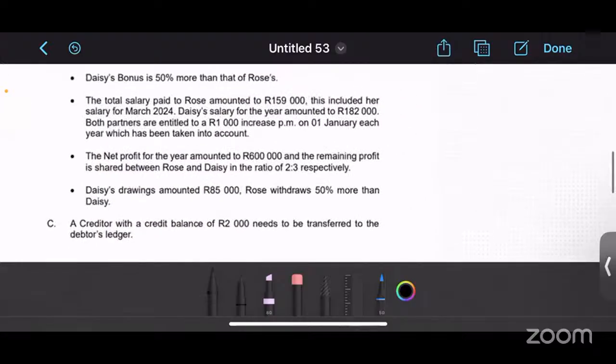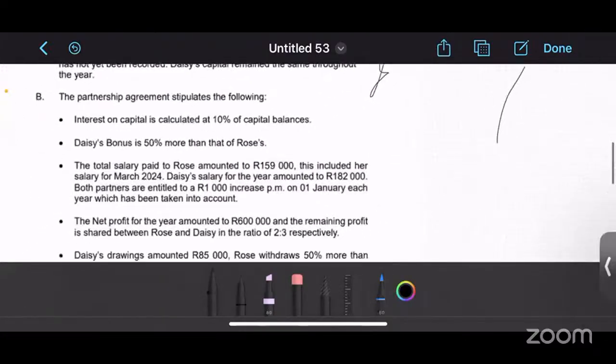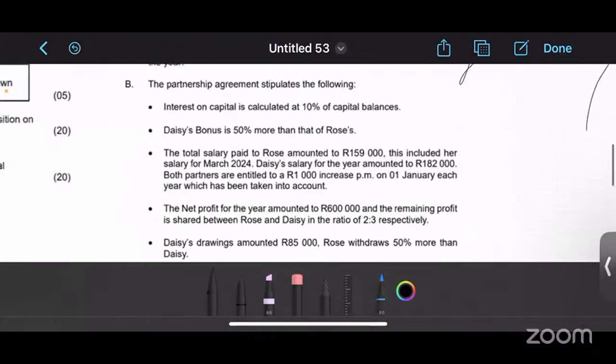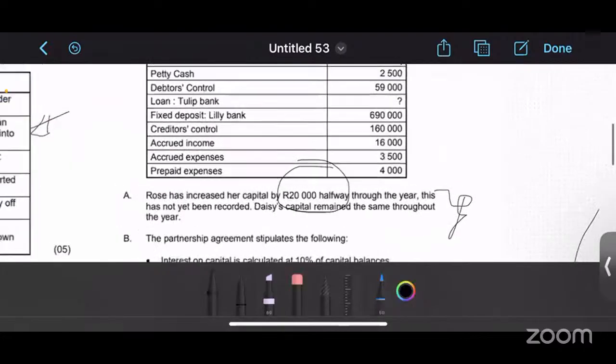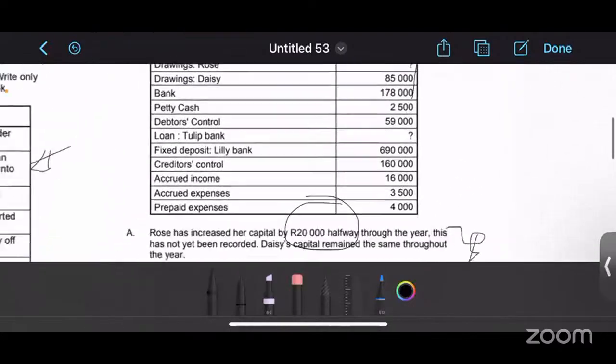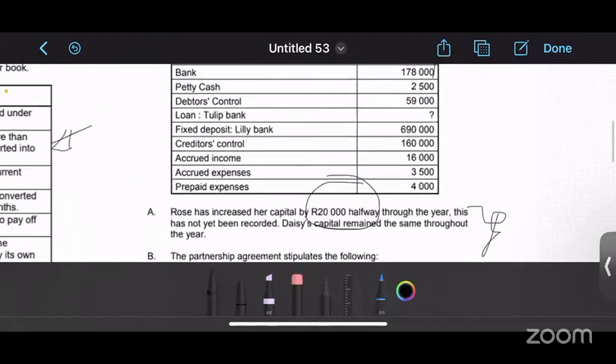Okay, so for Rose, remember the 20,000 that you're seeing over here. It was added halfway through the year.